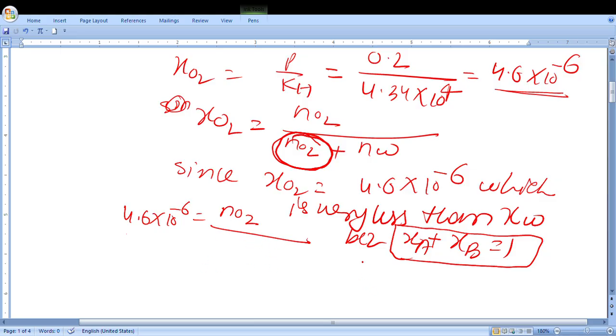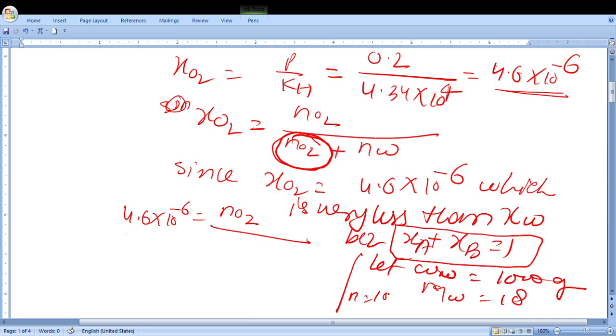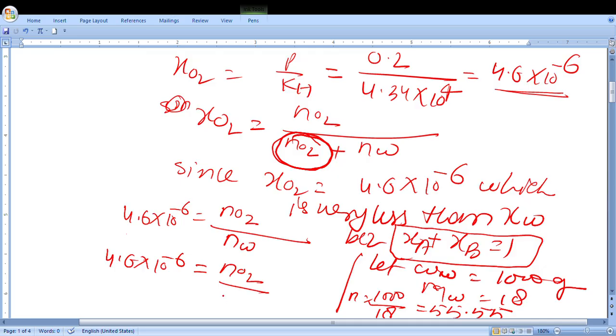And for moles of water, let mass of water is equal to 1000 gram, because it is not given. Its molecular weight is 18. So its number of moles will be 1000 by 18, that is equal to 55.55. On substituting this value in the denominator, that is in moles of water, the 4.6 into 10 to the power minus 6 is equal to moles of O2 upon 55.55.